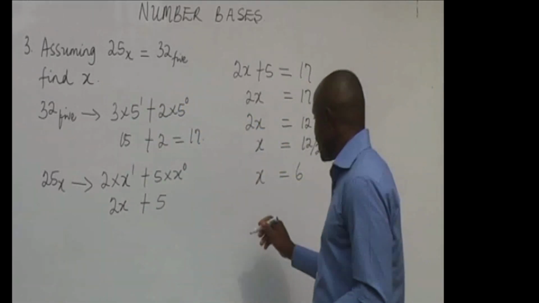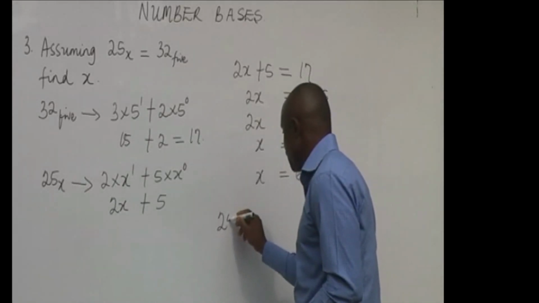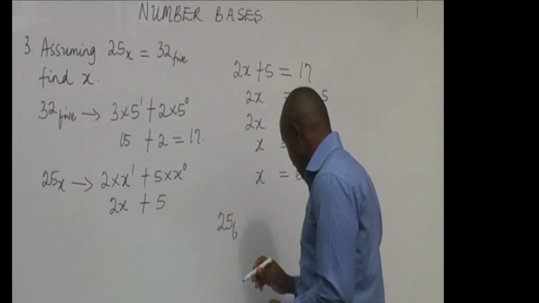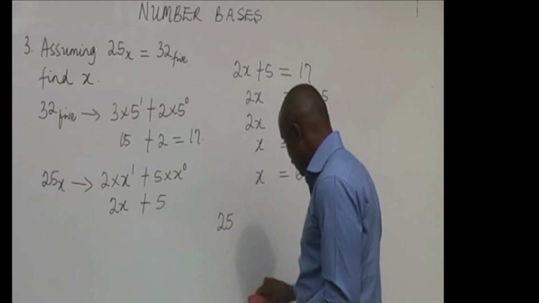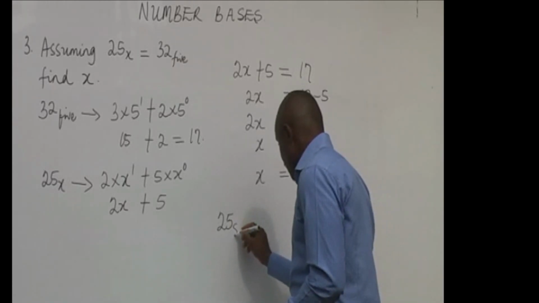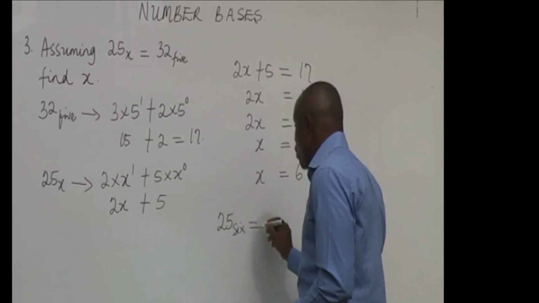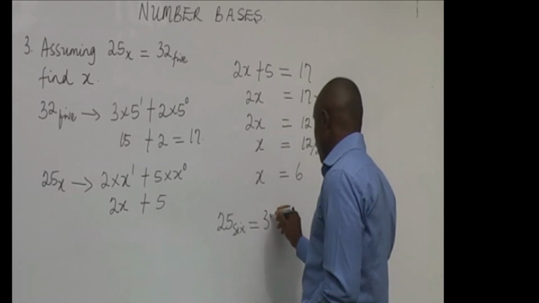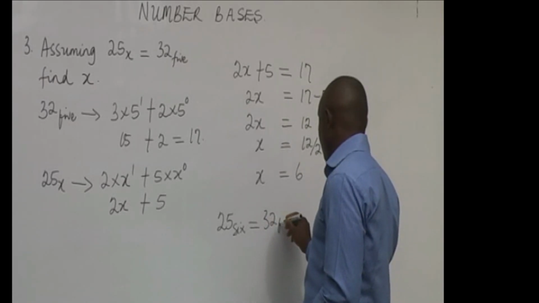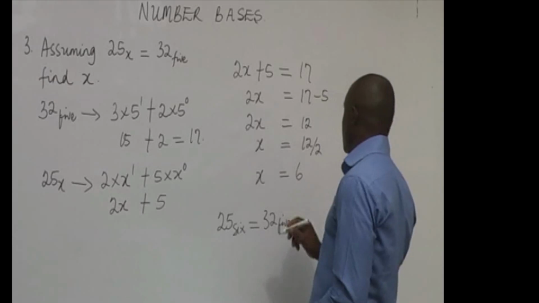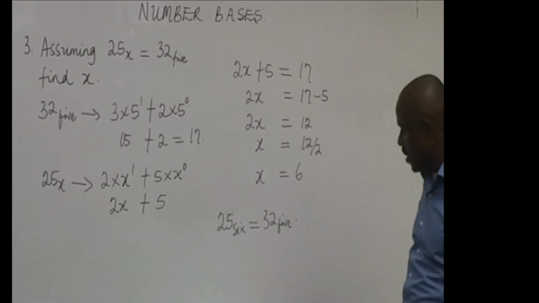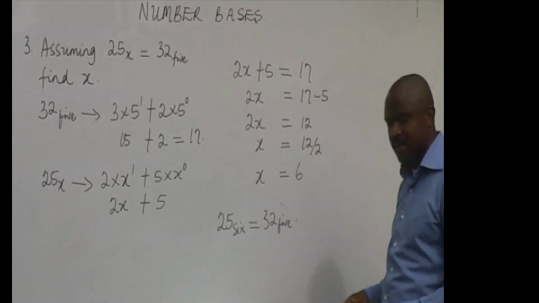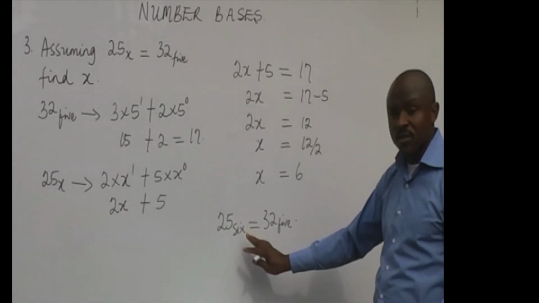That equation will now be that 25 base 6 is equal to 32 base 5. I want us to think, if this is exactly this, this is not part of the equation.